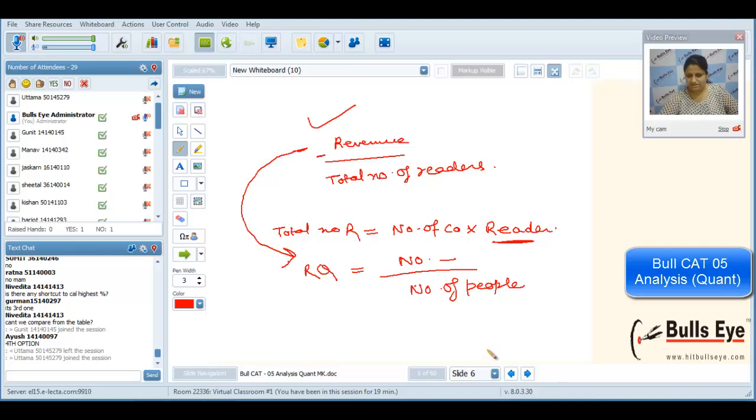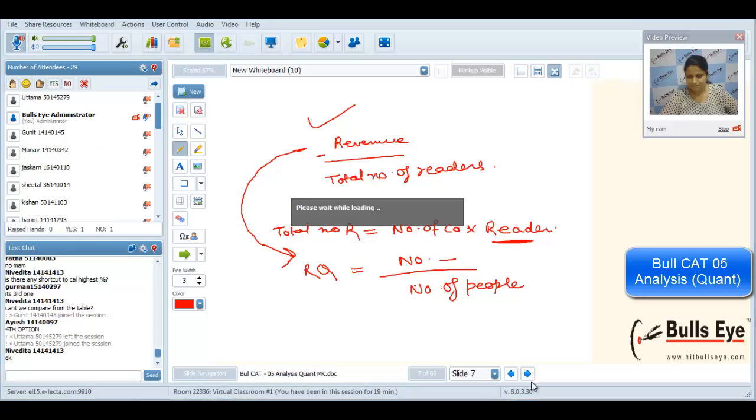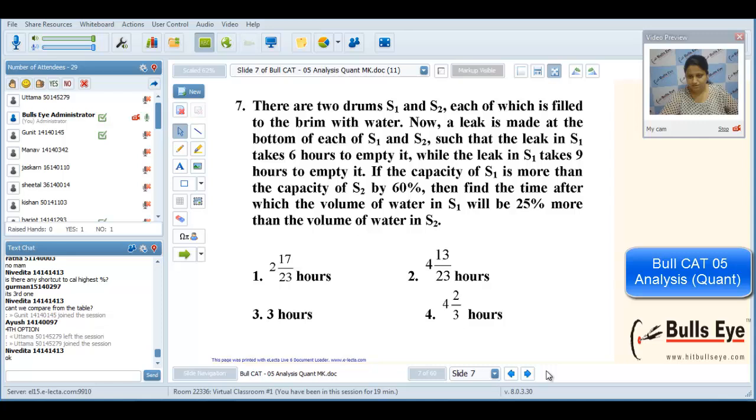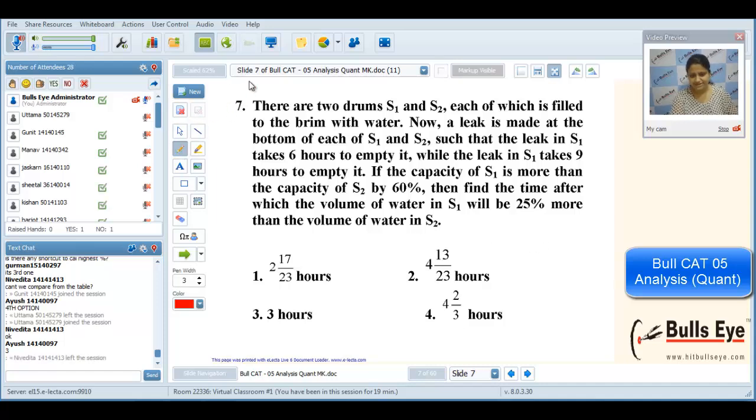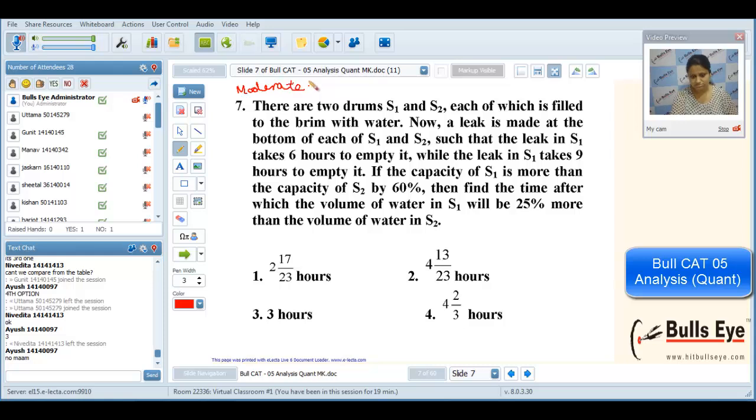Okay, now the next thing. Yeah, any problem in this question? It was again a calculative sum. I'll take it as a moderate question. Yeah, any problem?